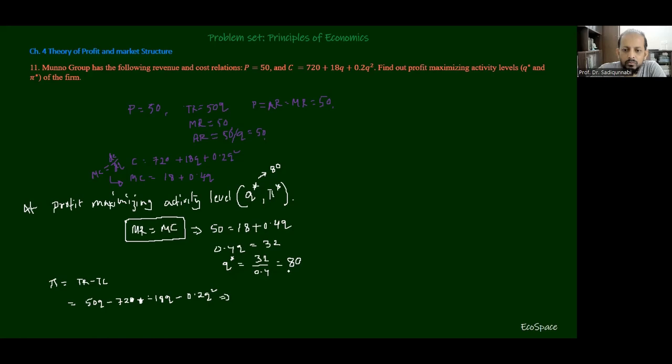If we insert the value in this equation, we get 50 times 80 minus 720 minus 18 times 80 minus 0.2 times 80 squared.